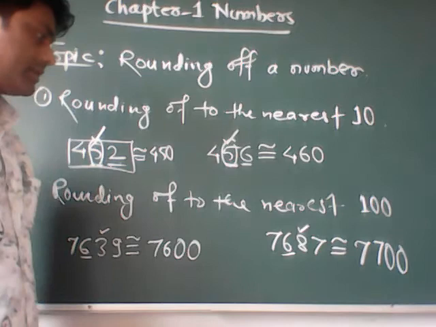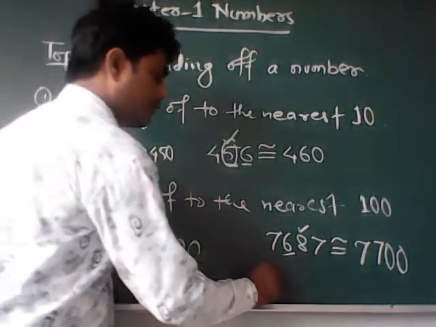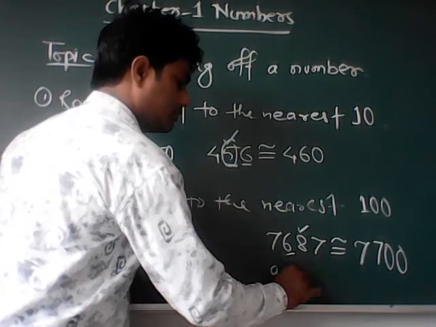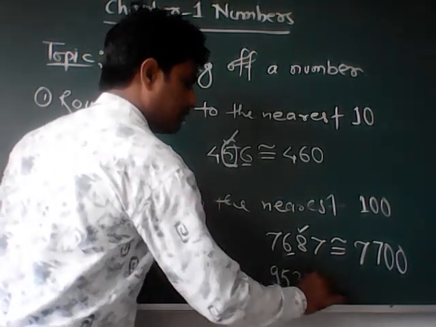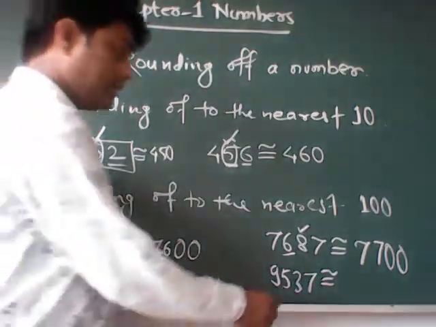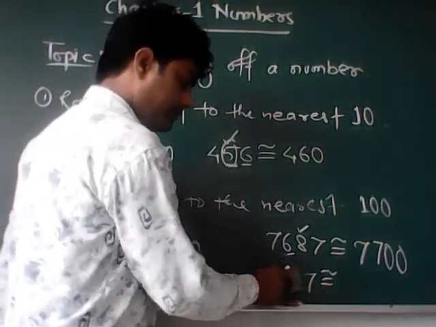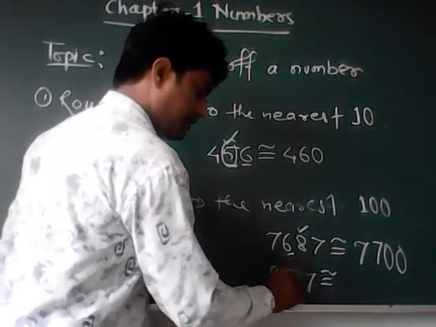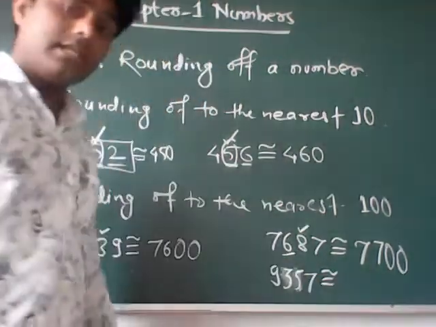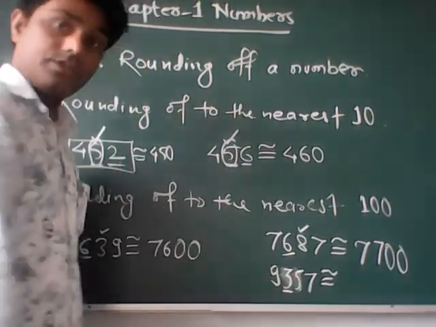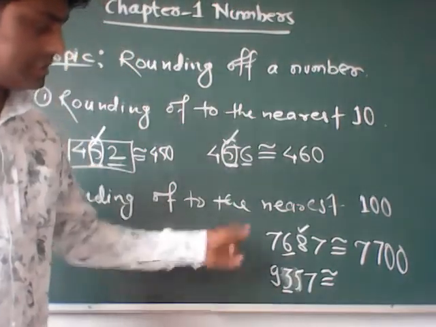Okay, like this. If there is a number 9537, and I have to estimate this number, then in this case what to do? Let me have here 3 and here 5. In this case you can see the hundreds place is 3, and what is the digit after 3?